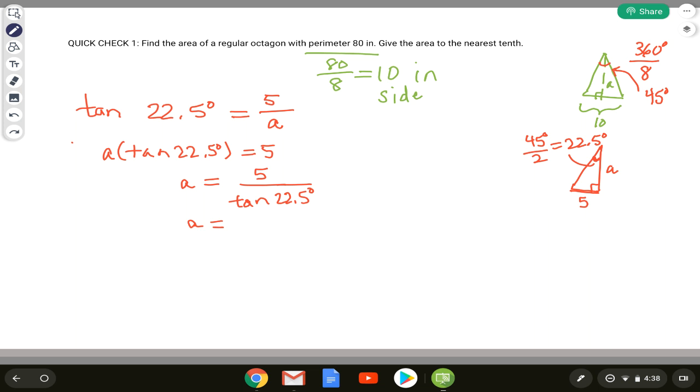Well, that's taken a little further than I need it to go. Since I'm going to round to the nearest tenth, when I'm doing my calculations inside the problem, it's good to take your decimal places one past what you're going to round to. So I'm going to keep up to the nearest hundredth on this one, which would make it 12.07.